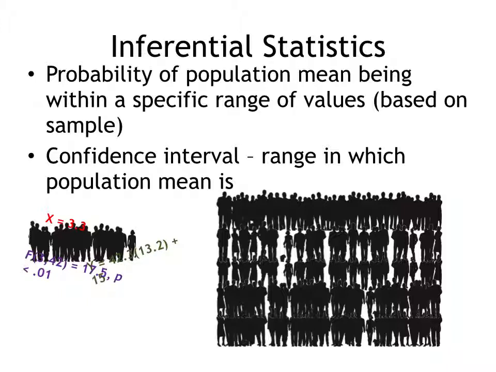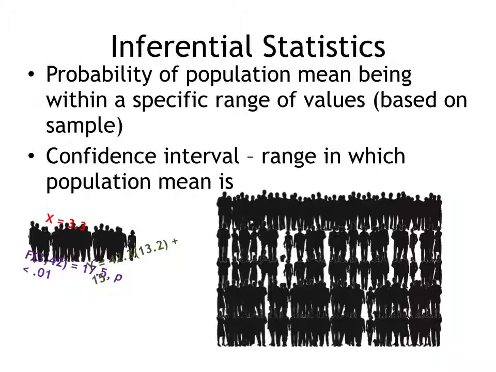Now going back to inferential statistics then. Inferential statistics is the probability of the population mean being within a specific range of values based on the sample. And that's what we call the confidence interval. Sometimes you will see that the mean is a certain amount and they will give you a probability.